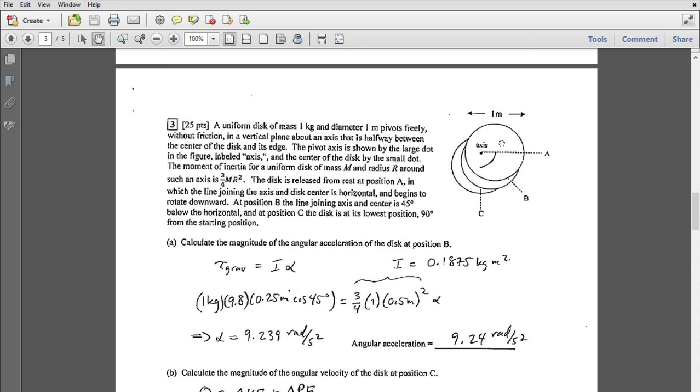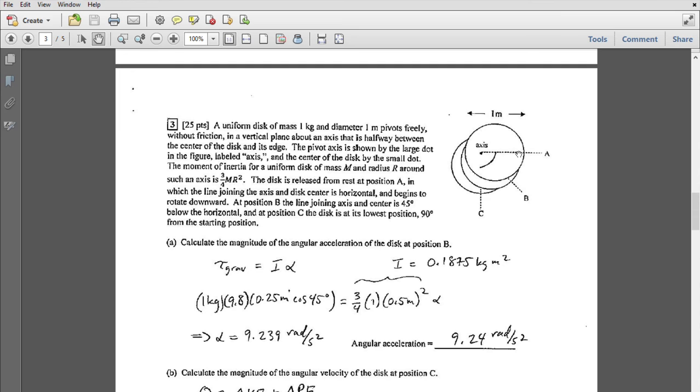Now, in position A, notice that we use the usual approximation that the full weight force is being applied at the center of mass of the disk, which is at the center of symmetry of the disk. To calculate the torque, we're going to use torque net equals I alpha. To calculate the gravitational torque, we pretend that that gravitational force acts at the center of mass, and so the moment arm would be half of r, would be half of the radius, right?